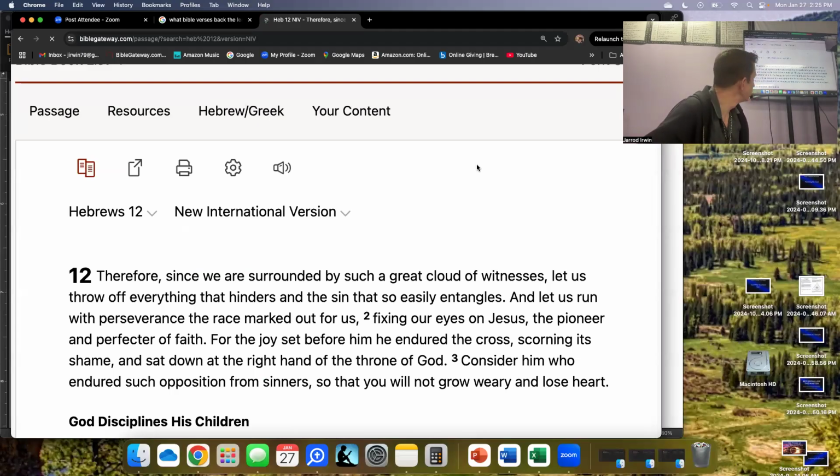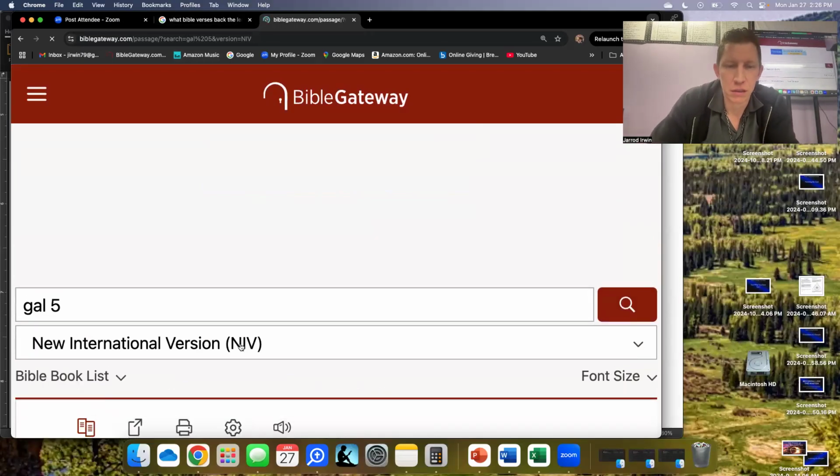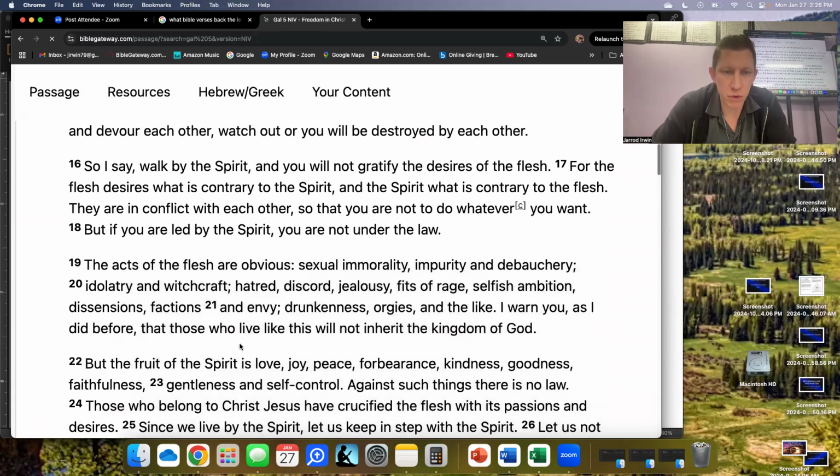If we're throwing off everything all at once, we're working on learning in multiple subjects. The objective of all this curriculum is that we navigate the sin that hinders us and rid ourselves of it. So let's say, for example, the works of the flesh, Galatians 5:19.